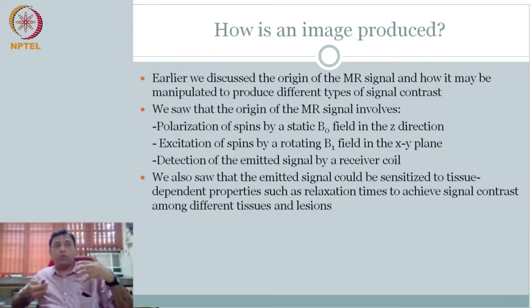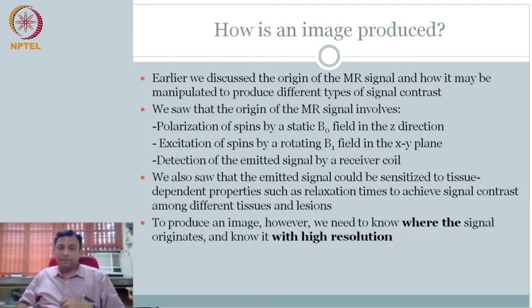Just to say, okay, I put this patient in and this is the signal I'm getting from him, may not be meaningful, right? We should be able to tell the distribution of the voxels of different properties. How do I know what I'm measuring is coming from a particular voxel, a particular location? That is the key.